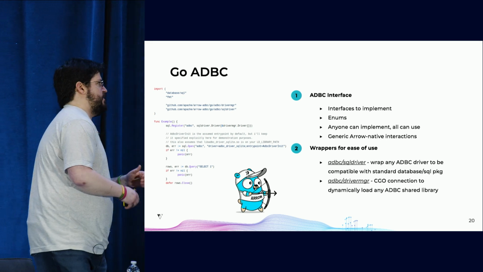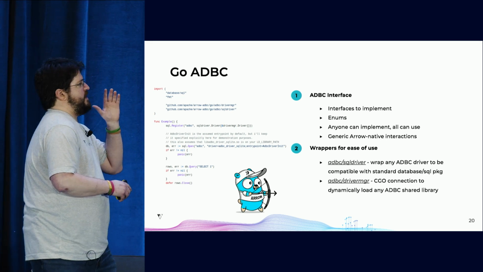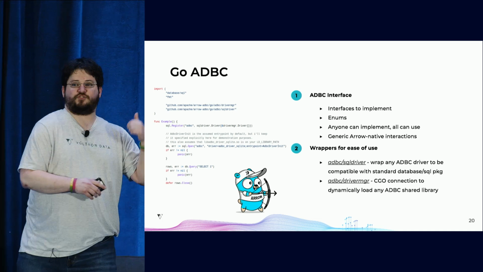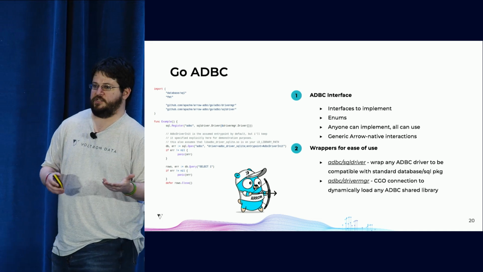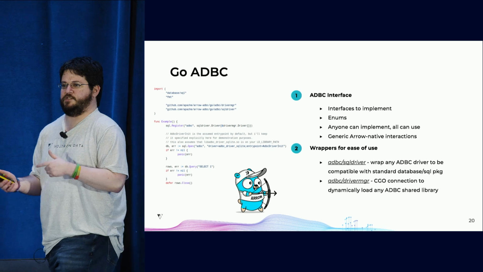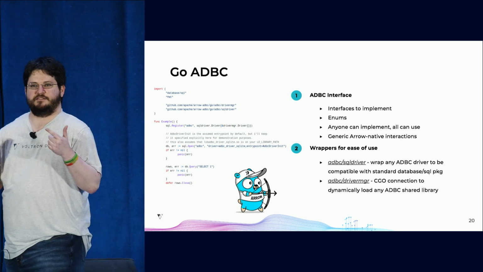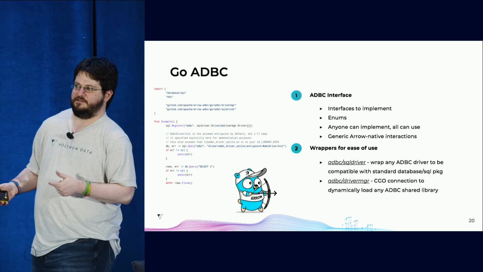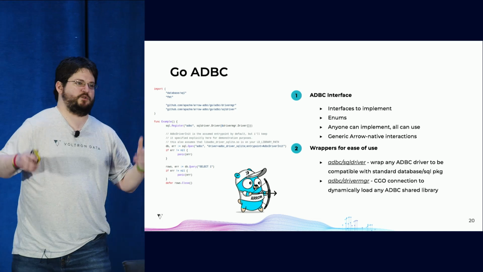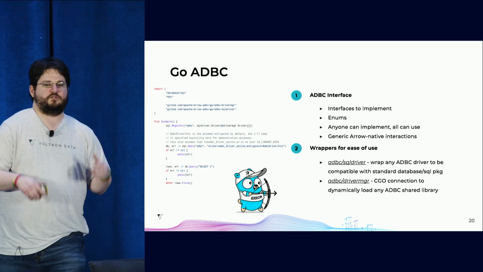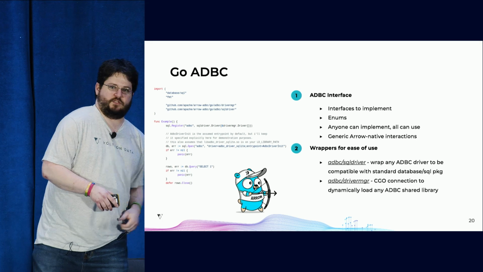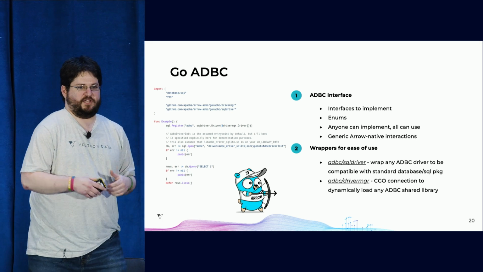We do the same thing on the Go side. You've got a native Go driver, but it's also got a driver manager because Go can use CGO, which means I can load any ADBC driver that, say it with me, exposes the C interface. You expose those functions and Go can use it, and there you go.